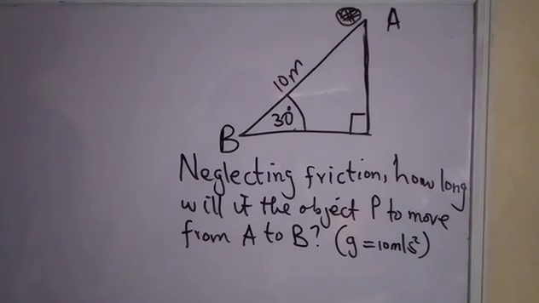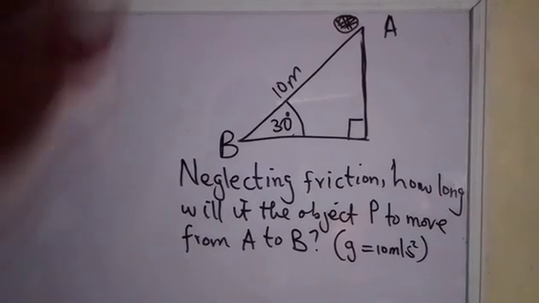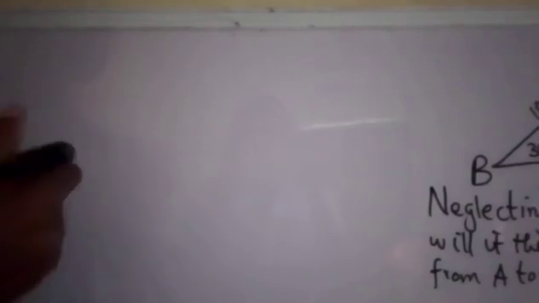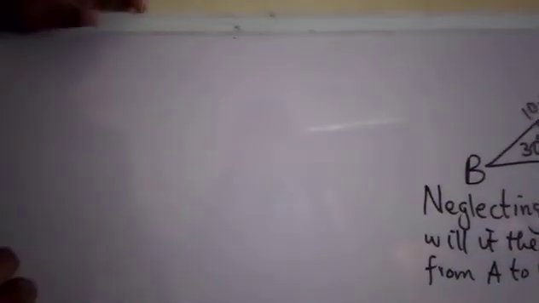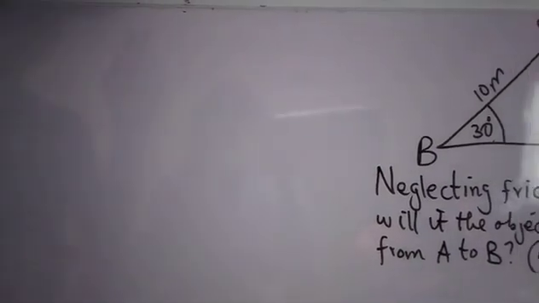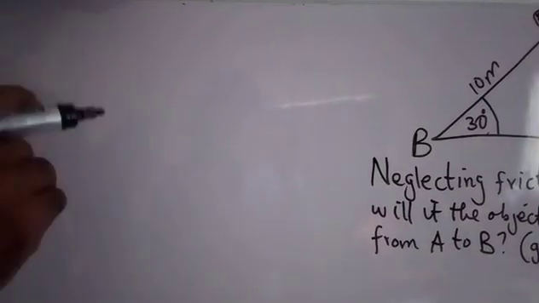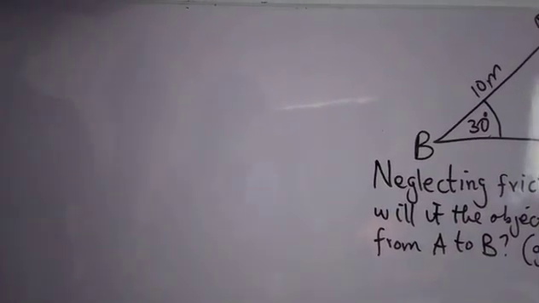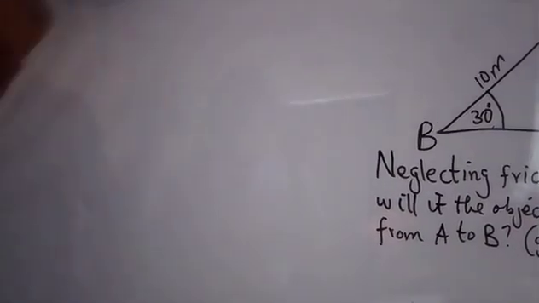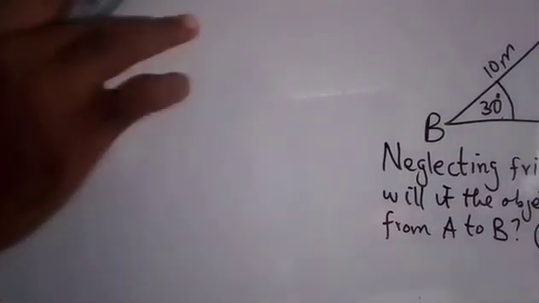Now, there's a little trick I'm going to show us here. In another video, I will explain how you can derive this structure I'm going to make now. When you have an inclined plane, you are going to resolve acceleration due to gravity, which is a vector, into horizontal and vertical components, or you are going to resolve weight, another vector quantity, depending on if you are considering motion or forces.